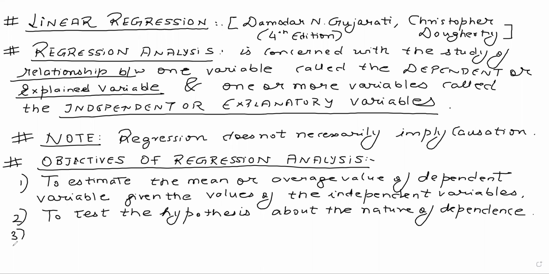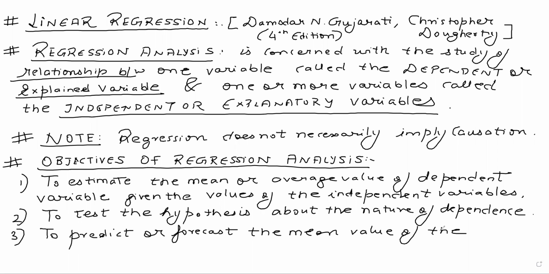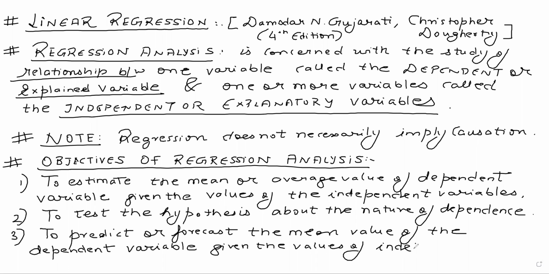Okay. Third reason for doing regression: to predict or forecast the mean value of the dependent variable given the values of the independent variable beyond the sample range.